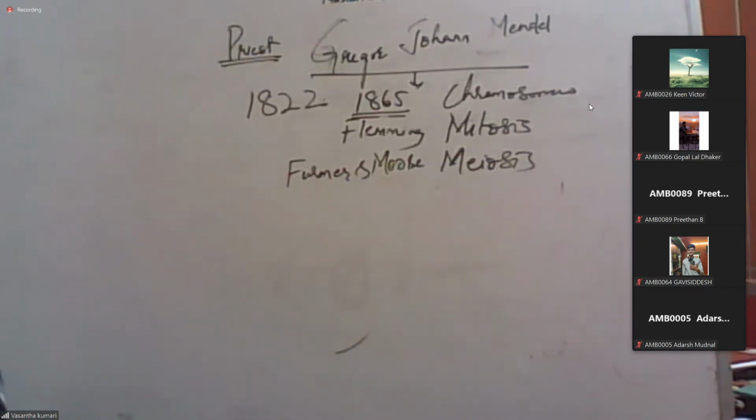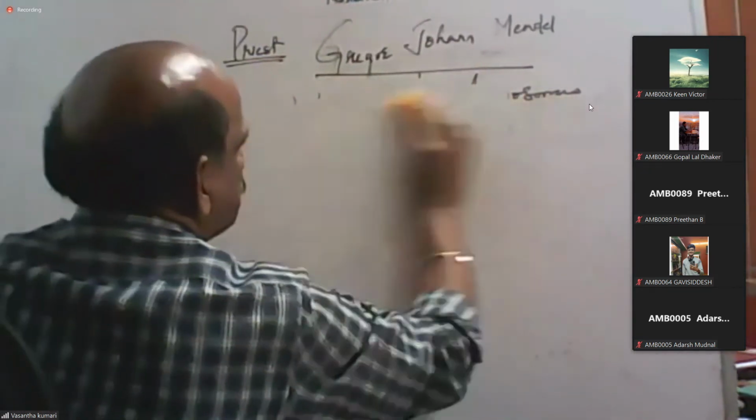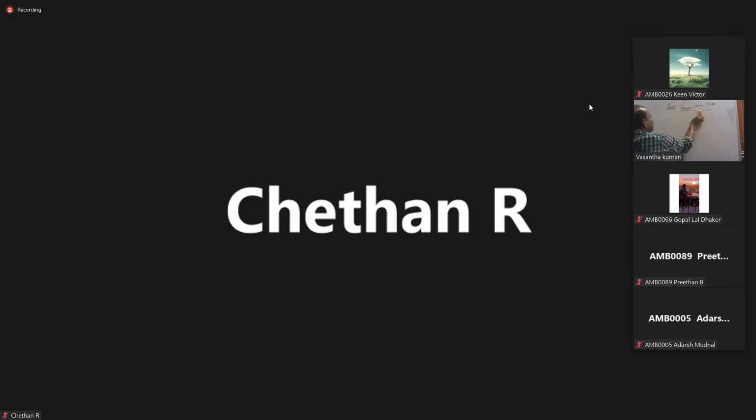We do not know. What are these rules that he proposed? How many rules did he propose? Three rules. Law of dominance, law of segregation, and law of independent assortment.